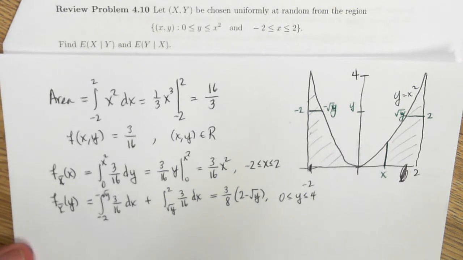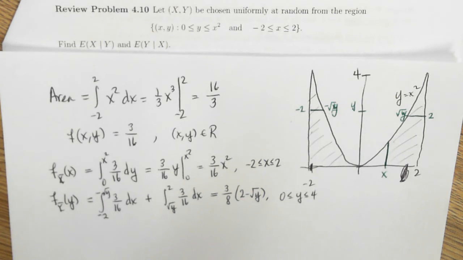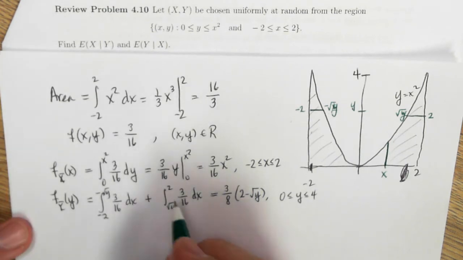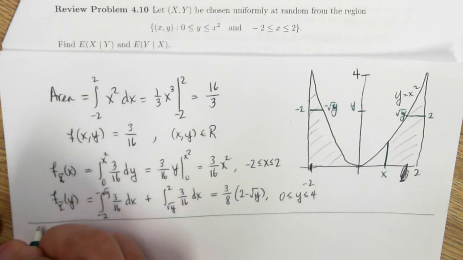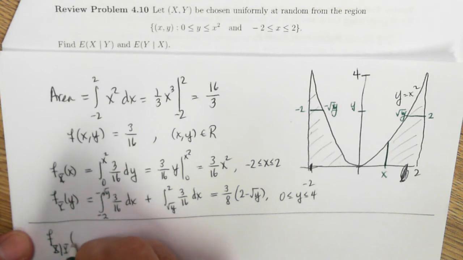Okay, so those are the marginal densities. First off, let's figure out the conditional distribution of x given y.